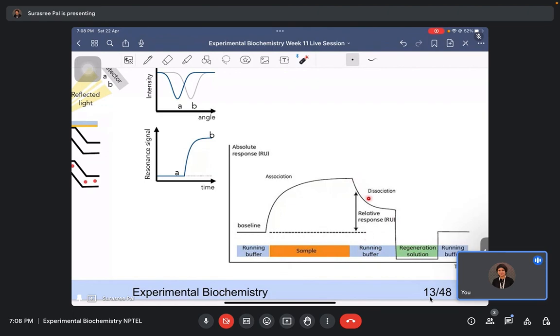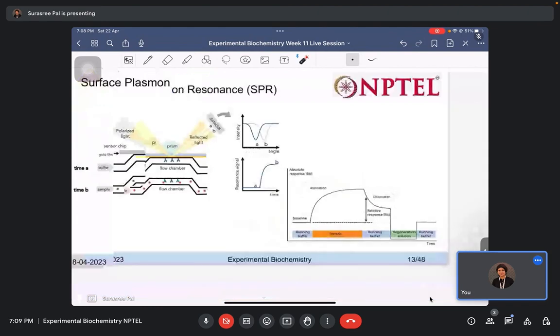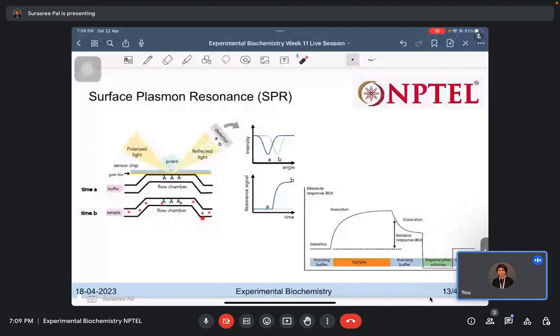Now the buffer is again passing through the flow chamber, and the dissociation reaction becomes irreversible. The ligands which dissociate from the protein flow out of the flow chamber because of the running of the buffer.